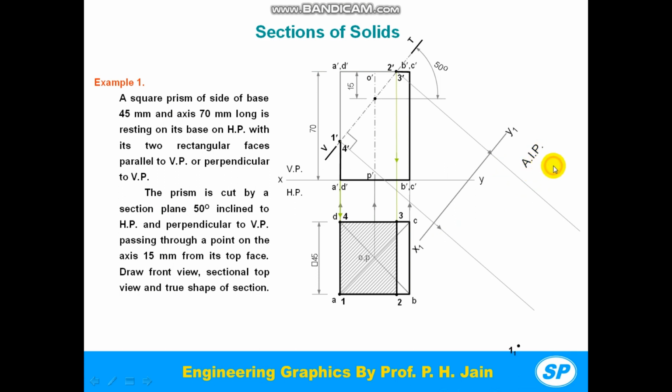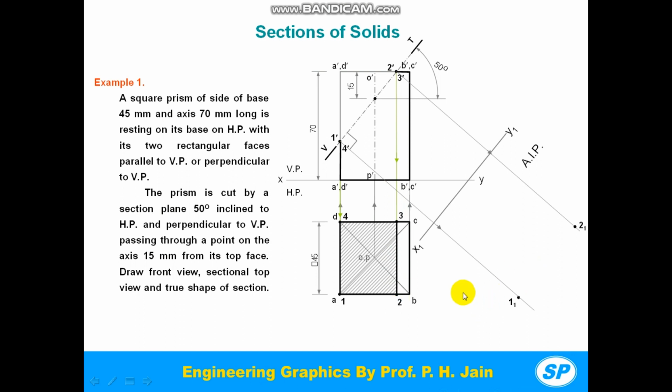Now, mark section point 1 dash 1 in this AIP such that the distance between the x1 y1 line and 1 dash 1 should be equal to the distance between XY and point 1. Similarly, you can mark point 2 dash 1. The distance between the x1 y1 line and 2 dash 1 should be equal to the distance between the XY line and point 2.